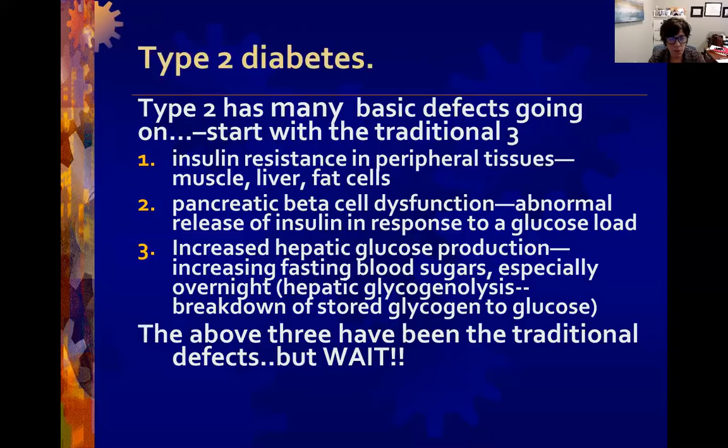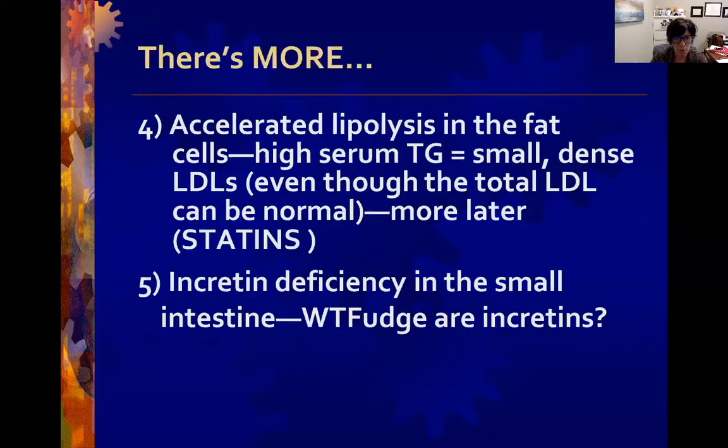So that's the traditional things going on, but wait, there's more. They also have an accelerated lipolysis in the fat cells. So what does that mean? And that's actually our next lecture. We're going to talk about cholesterol. So if you recall, the LDL is the low density lipoprotein. That's the bad cholesterol.